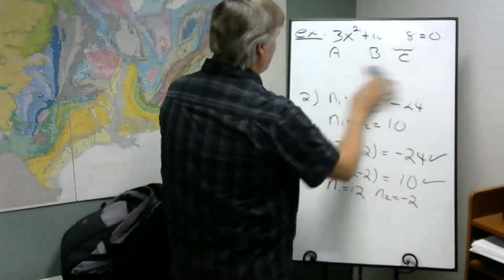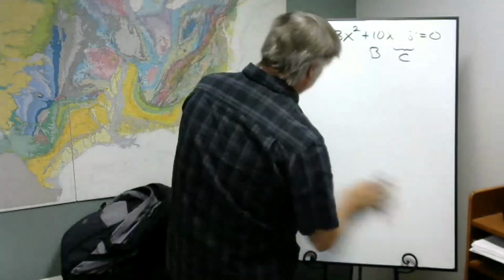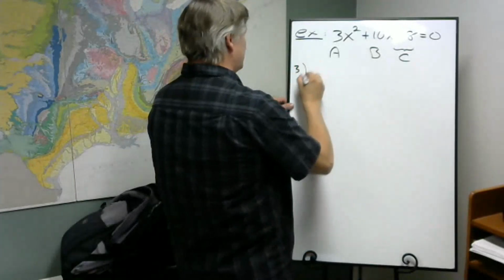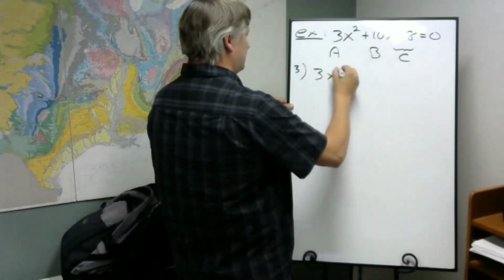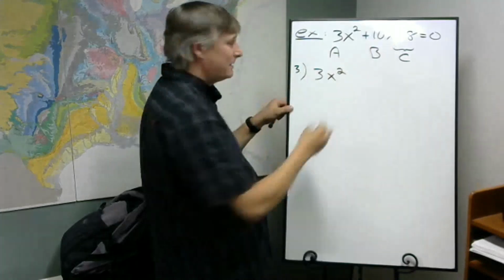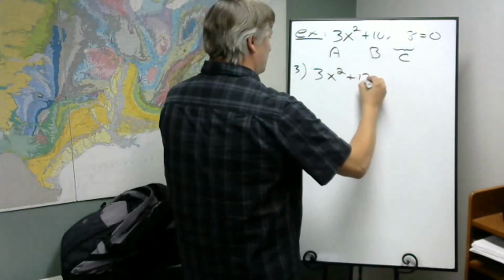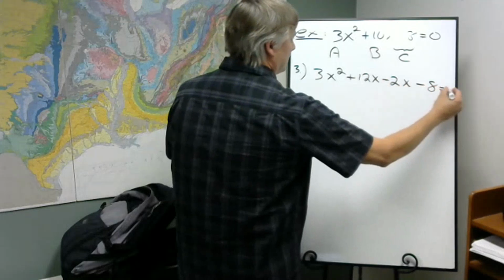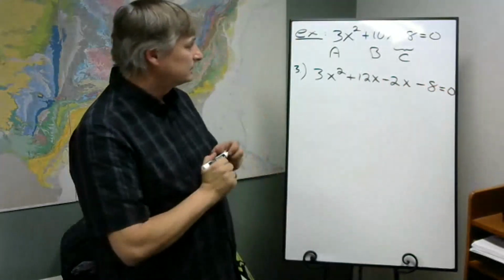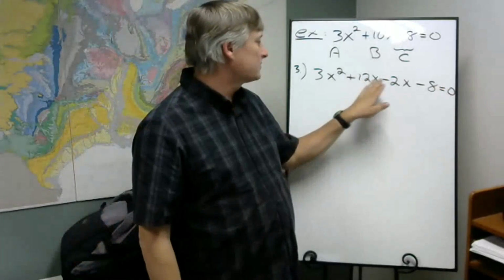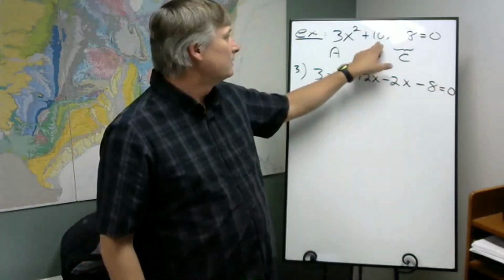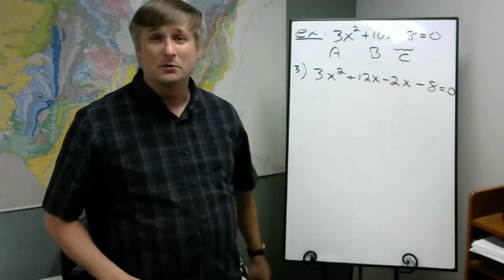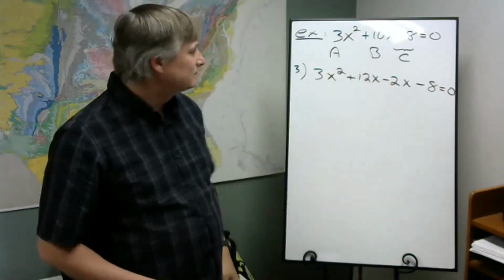So now that we have that, we rewrite 10x as 12x minus 2x, minus 8 is equal to 0. And again, you can check: 12x, subtract 2x is 10x, or 12x plus negative 2x is 10x.